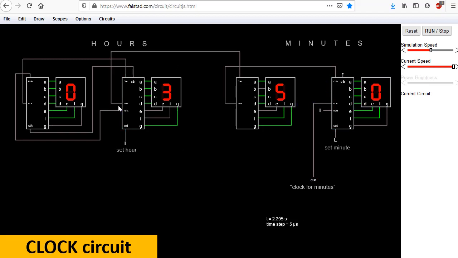Look here. This is clock without seconds, because minutes and seconds behave similar. Here is the clock that simulates the frequency of minutes.